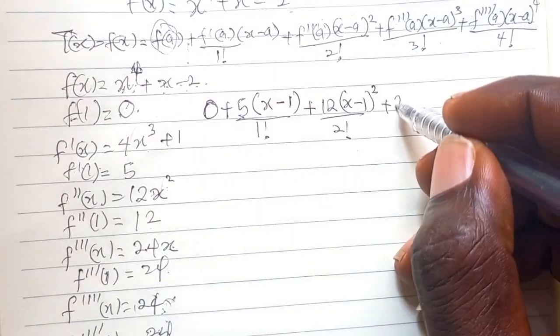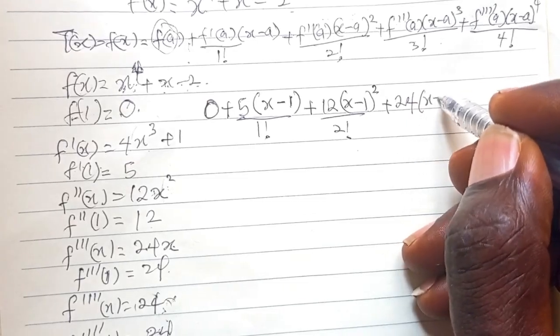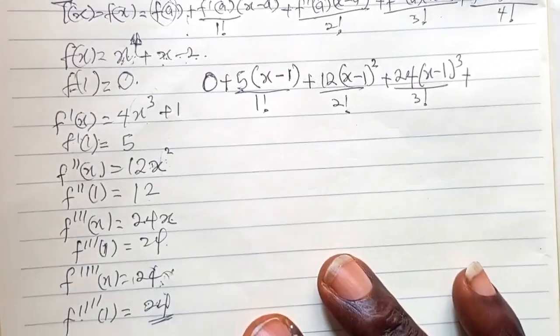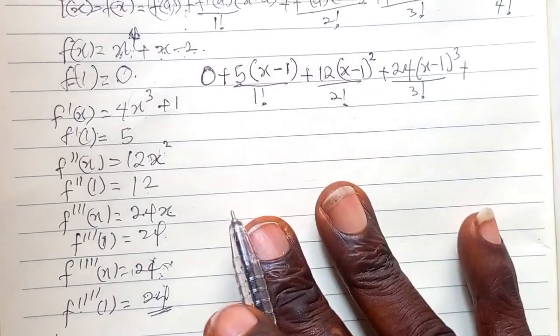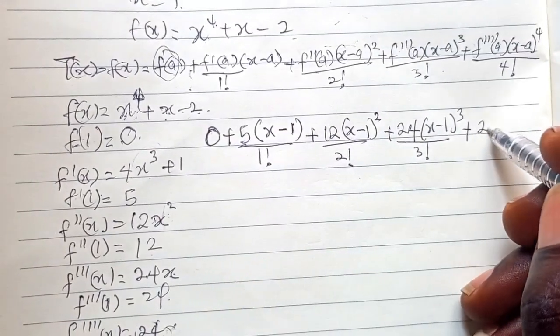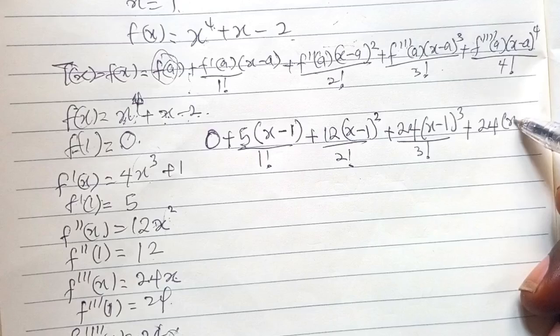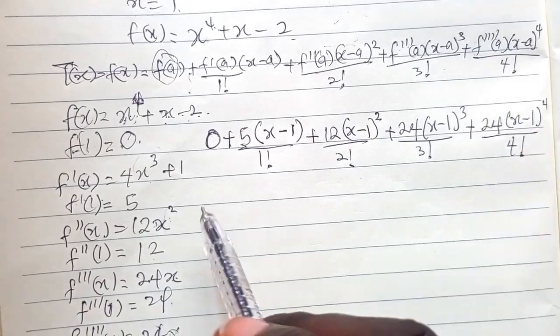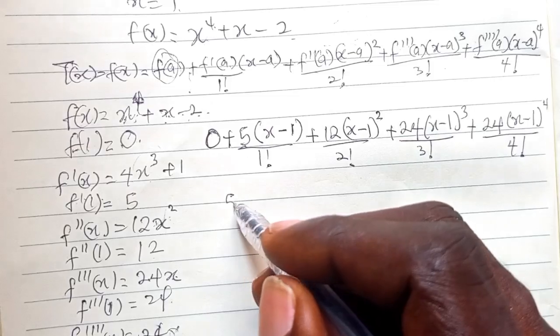So I'm going to have 24 x minus 1 cubed over 3 factorial, plus the last one is 24 too. So this will be 24 x minus 1 raised to the power 4 over 4 factorial. So the final answer can be like this.